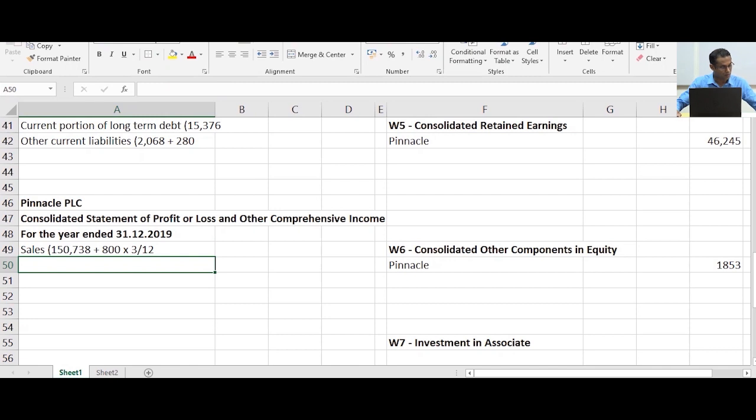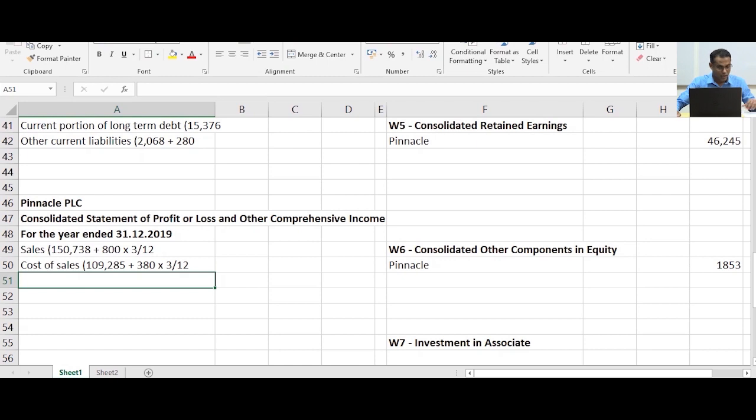Then the next one is cost of sales. How much? 109,285, that is the parent's, plus subsidiary cost of sales 380, again 380 into 3 upon 12. I consolidate only for the last 3 months. Okay, right.